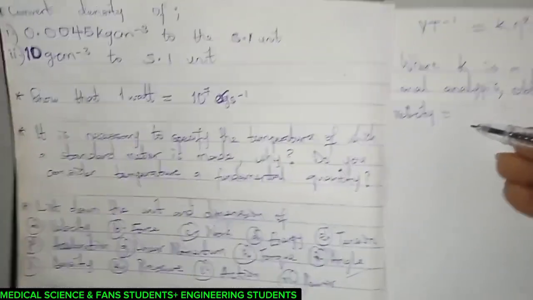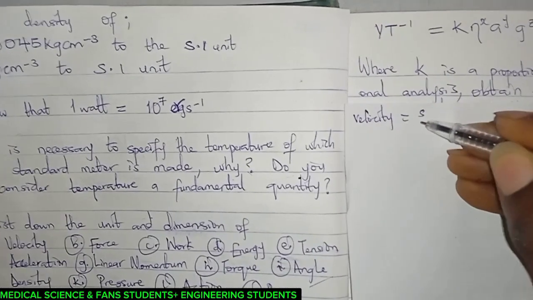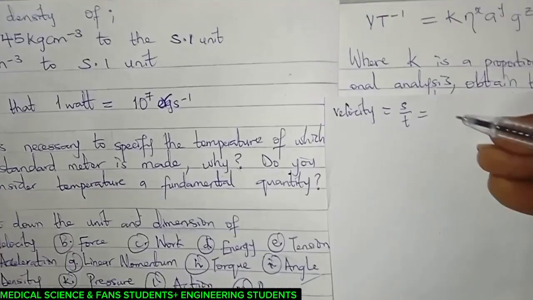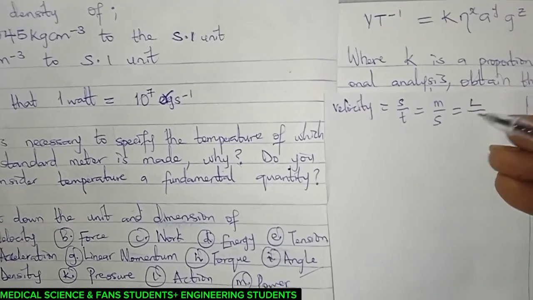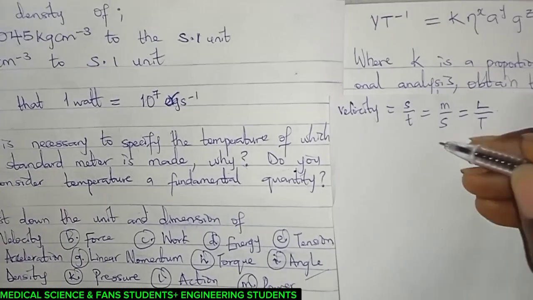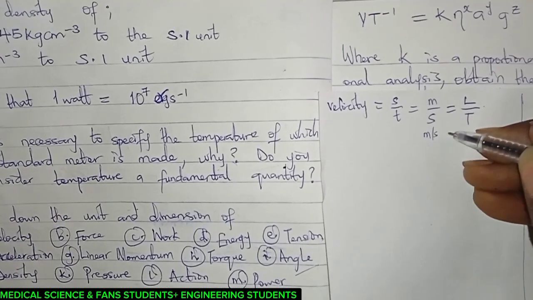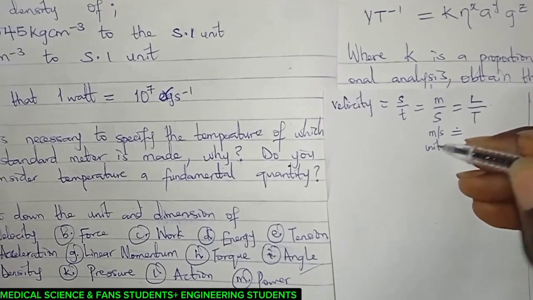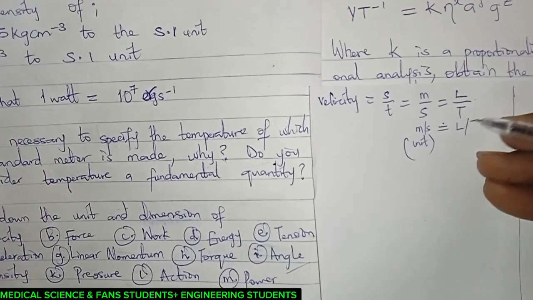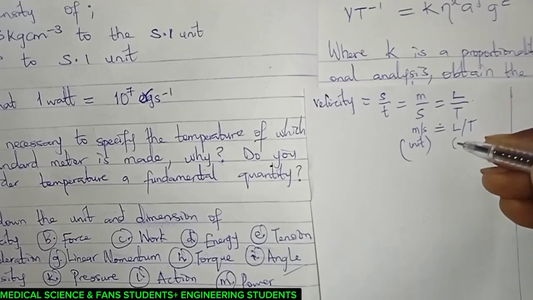You know that velocity is equal to displacement over time, and this is meter per second, which is length over time. So the unit is meter per second, and length per time is the dimension.